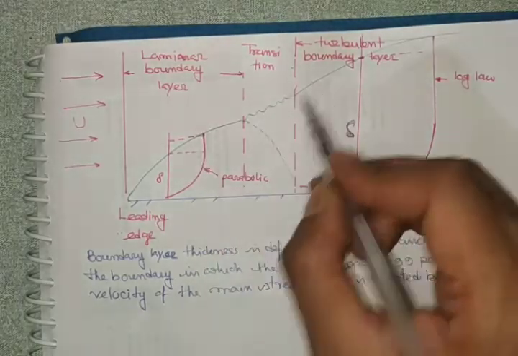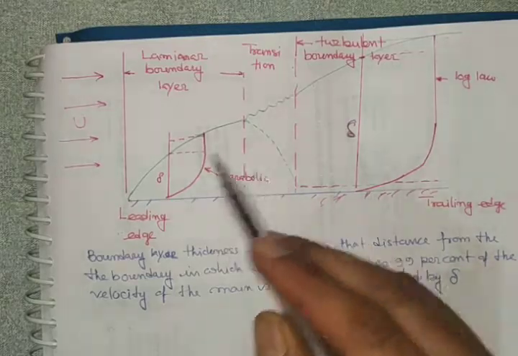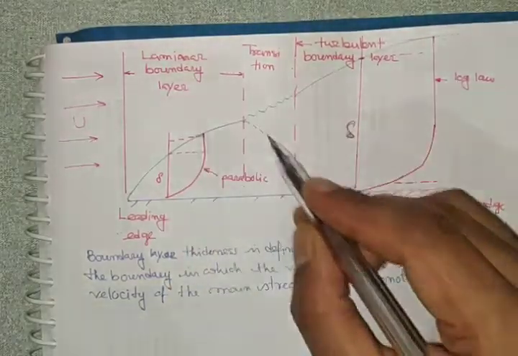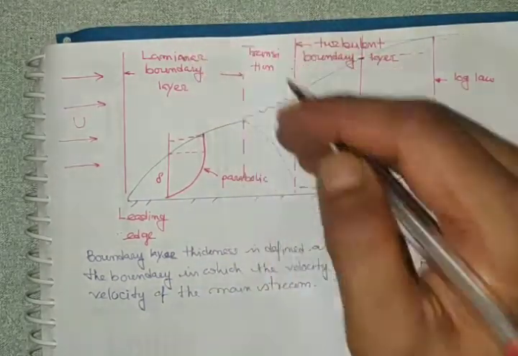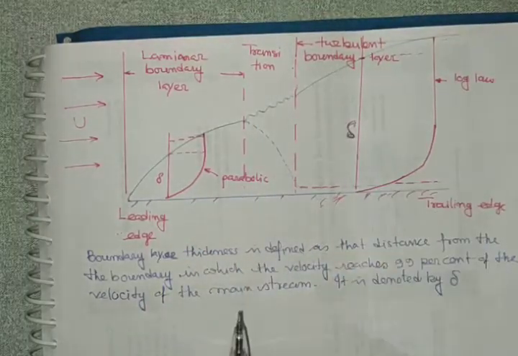So you get a boundary layer like this. If the mass flow from the outside of the boundary layer increases, then the thickness of the boundary layer also increases.